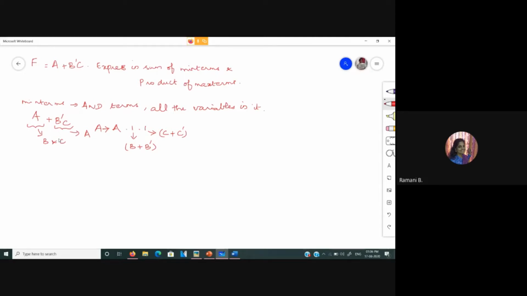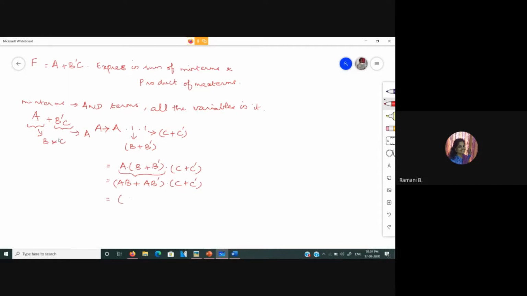Now we need to use the distributive law and obtain the expression. So you are having a dot b plus b bar dot c plus c bar. Applying the distributive law, you will be having ab plus ab bar. And again we need to use the distributive law in this.